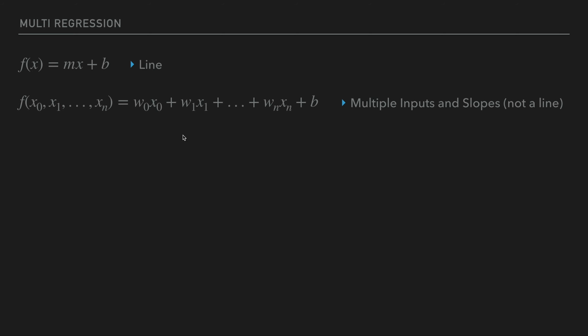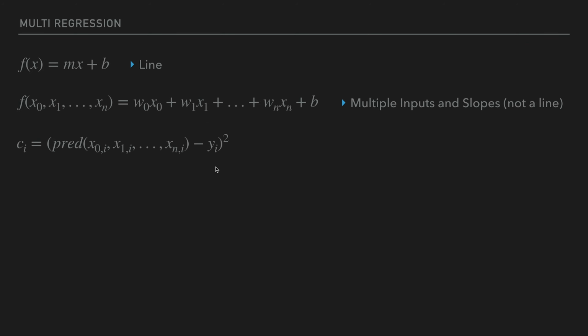This produces 1 point, same as mx plus b, except that we have many more inputs. This produces 1 number, and that number represents the point for the inputs x sub 0 all the way through x sub n. And y for these values of x represents the other point, or the output.